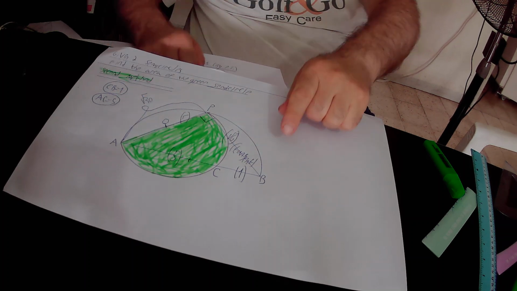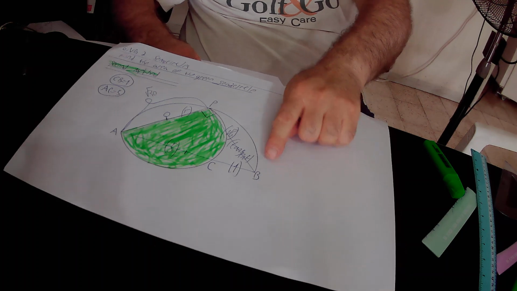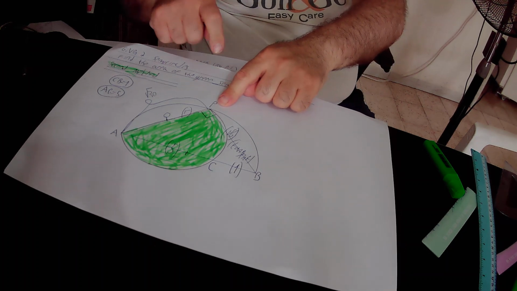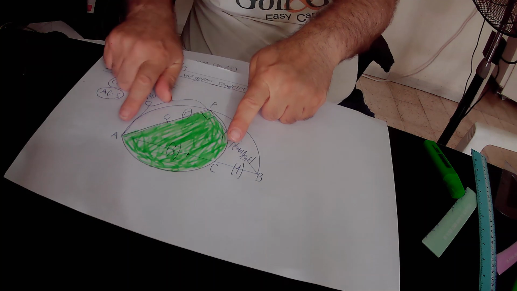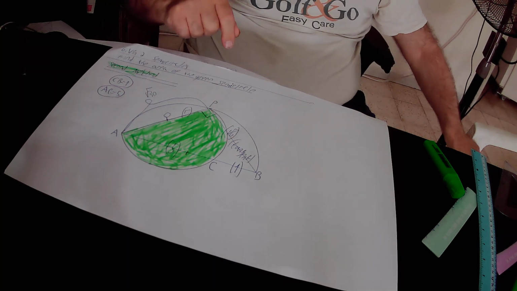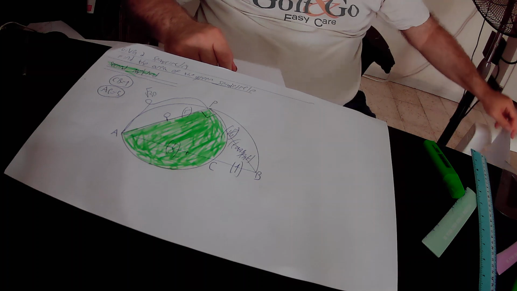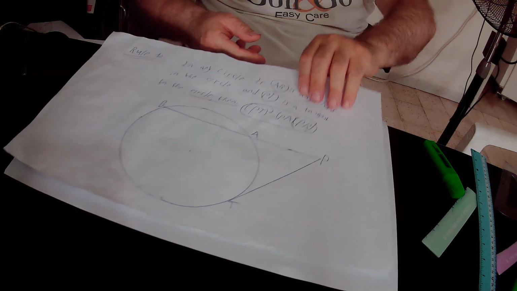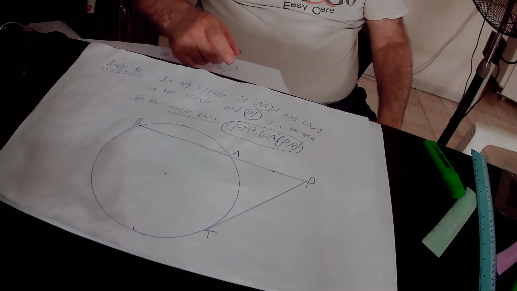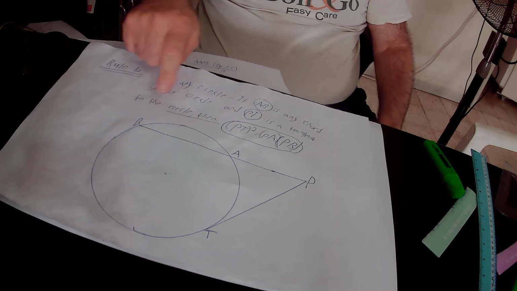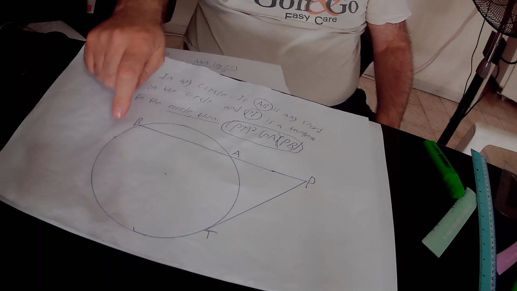Again, from the common standpoint point B, we have tangent BP to this green semicircle, and we also have secant CA. Therefore, we can implement here rule 10. According to rule 10, rule 10 is true in any circle. AB is the chord of this circle.